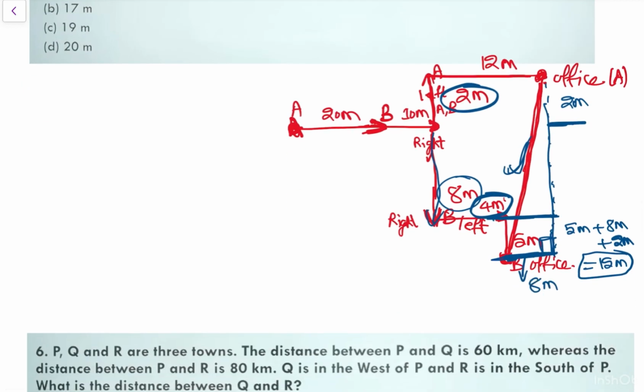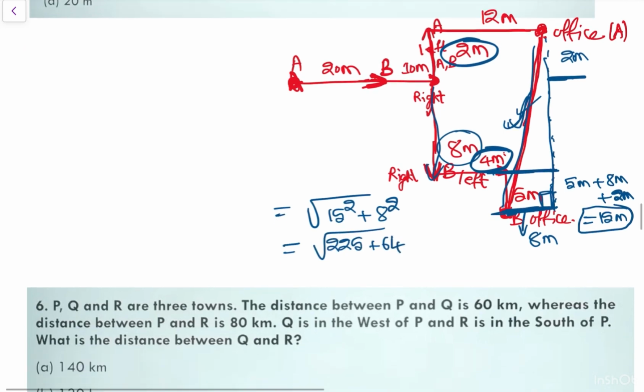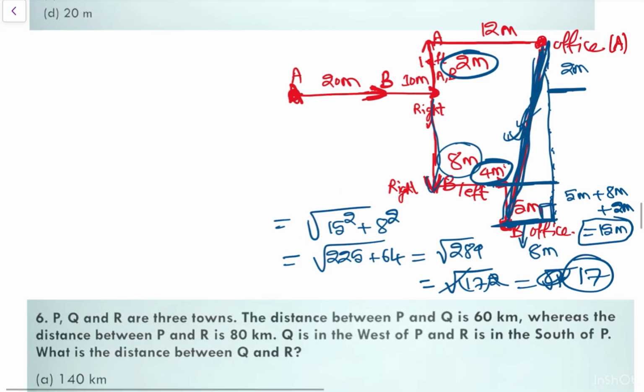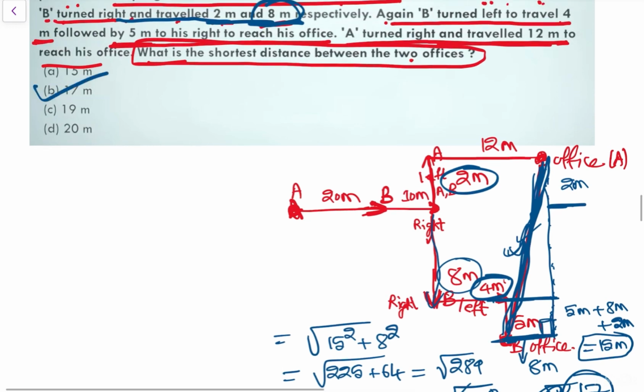So by doing that, the hypotenuse from here to here we will get like square root of 15 square plus 8 square, that is square root of 225 plus 64. So that is square root of 289, that is 17. So 17 is the shortest distance between both the offices. So again a concept based on distance and right angle triangle.